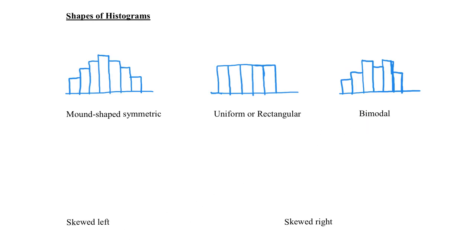And skewed left and skewed right, these are ones that we will see quite a bit later on. So skewed left means that you've got this graph and it does something like this.